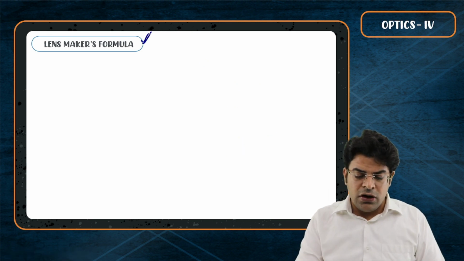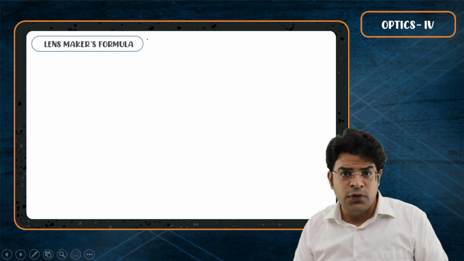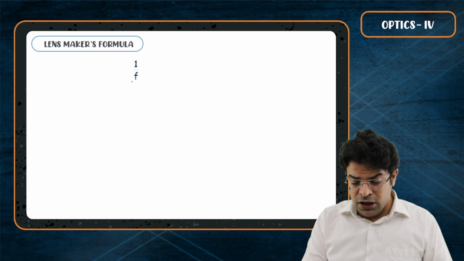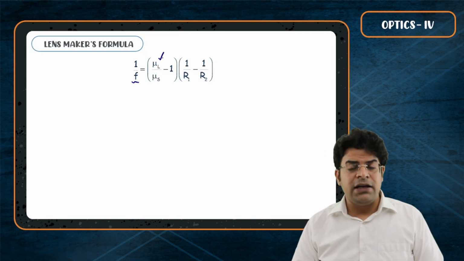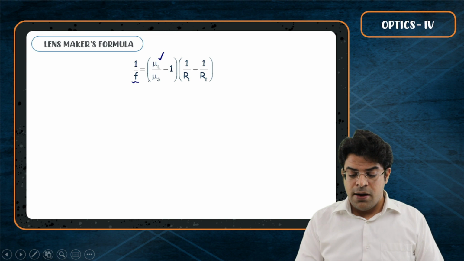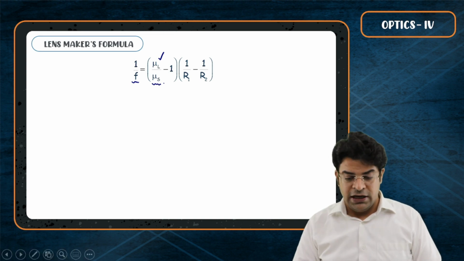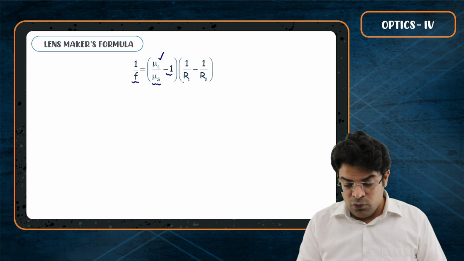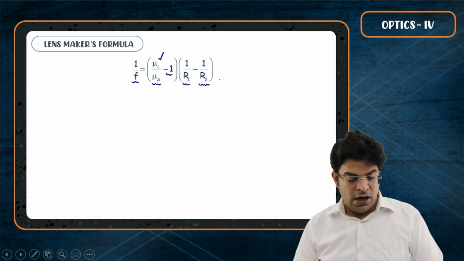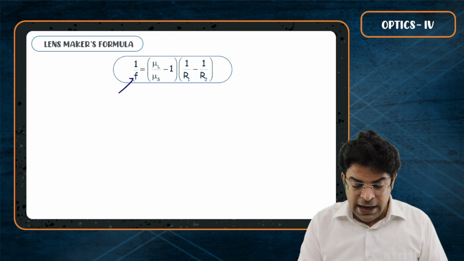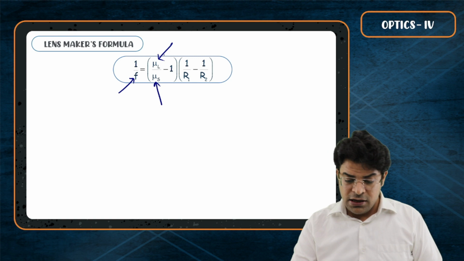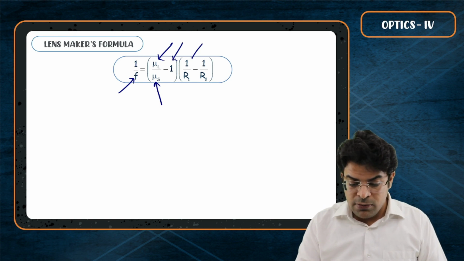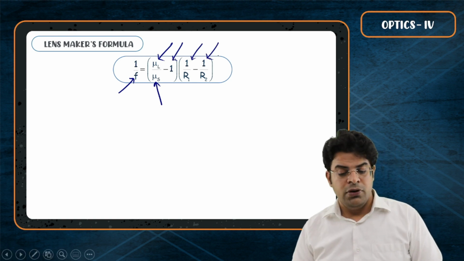Now there is something called lens maker formula. The lens maker's formula tells us that 1 upon the focal length equals the refractive index of the lens material upon the refractive index of the surrounding material minus 1, into 1 by R1 minus 1 by R2.